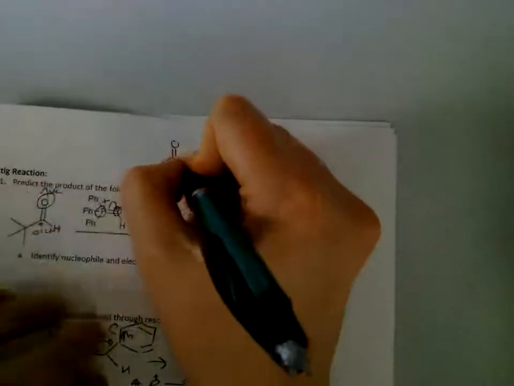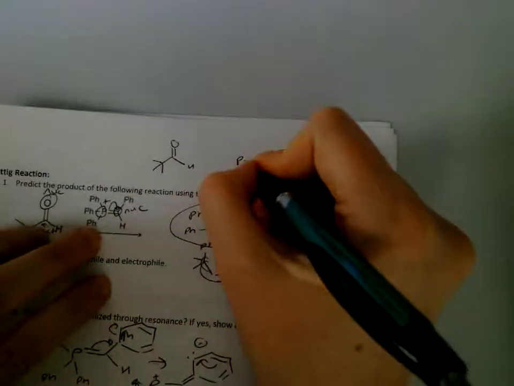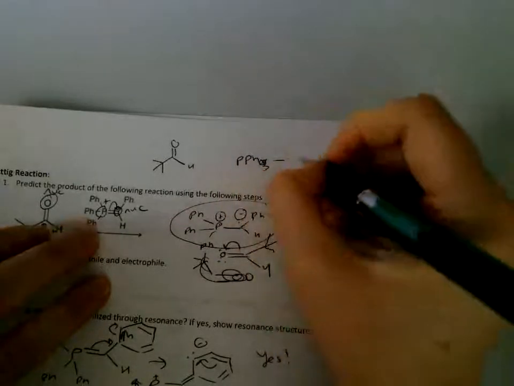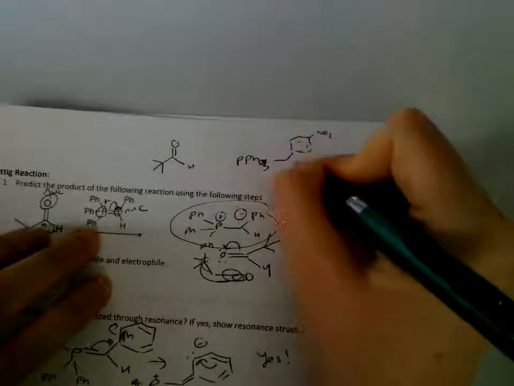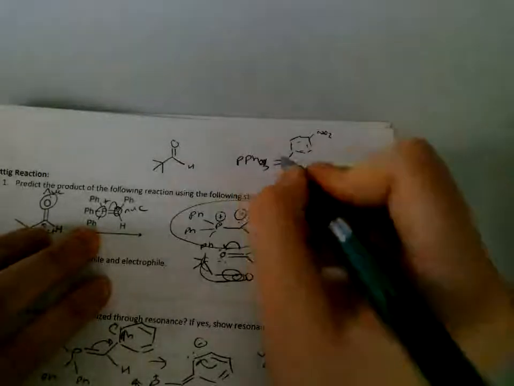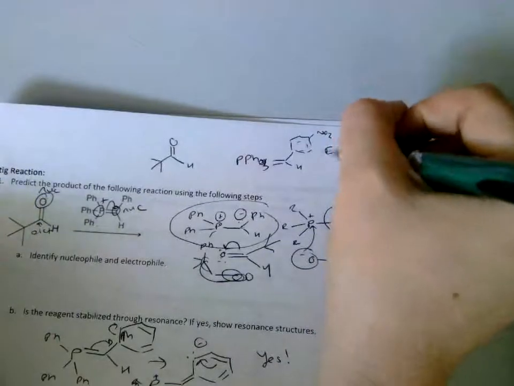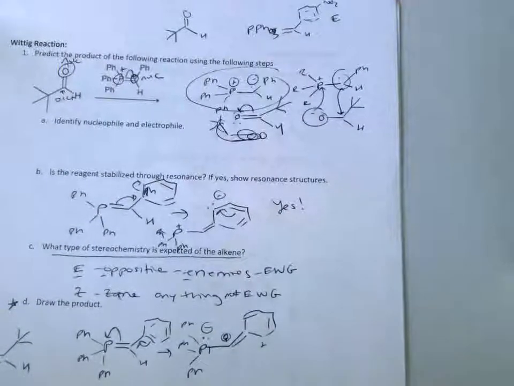So if you had started originally with this and your PPh3 with a nitrobenzene or something strongly electron withdrawing that I knew for sure is electron withdrawing, then I would say this would definitely give you E conformation. But in this one case, I'm kind of on the fence.